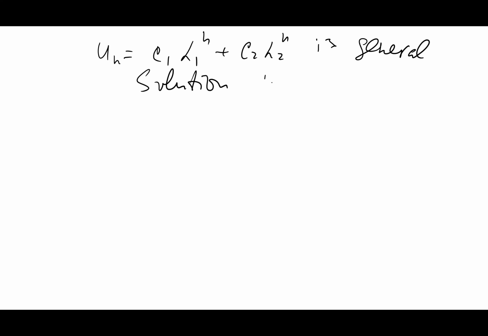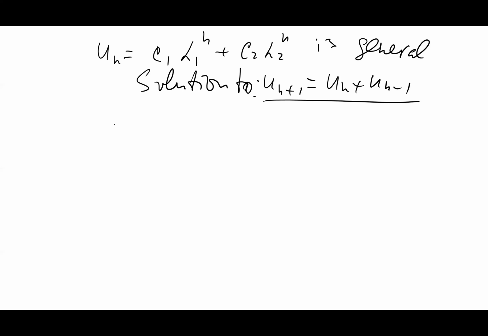The general solution to this difference equation, un plus 1 equals un plus un minus 1. You can check it. If you put this in, it is easy to check.